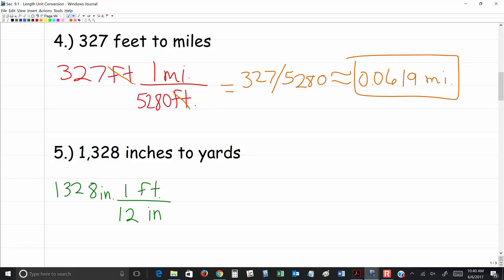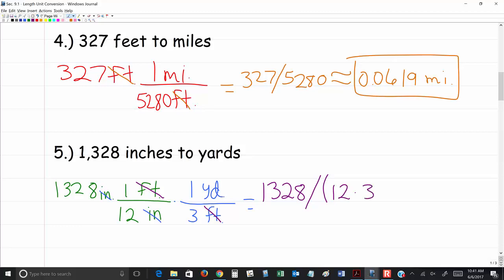Now I've moved on to feet, but I still need to move on from that to get yards. So again, I'm going to put feet on the bottom so that I'm able to cancel out feet. And I know that there's 3 feet in 1 yard. And now I can cancel out feet, and my answer is going to be in yards. So in this case, what I'm going to do is 1328 divided by parentheses 12 times 3.